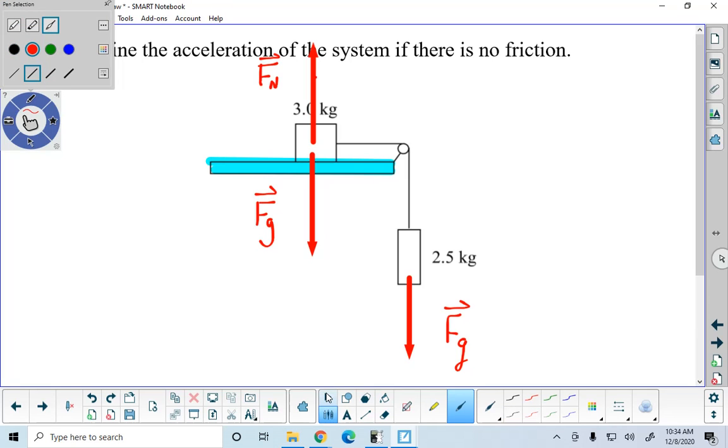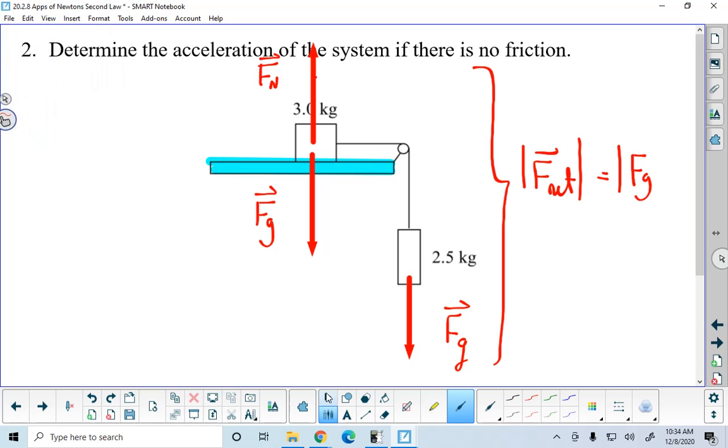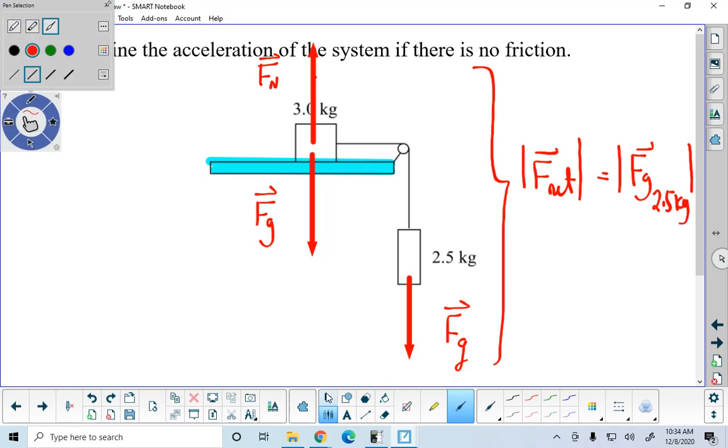So when we look at this to determine the net force, and the reason why we drew this is so we can determine the net force, the net force will have a magnitude equal to the force of gravity on the 2.5 kilogram mass. Because when I add those 3 forces together, this force and this force cancel.